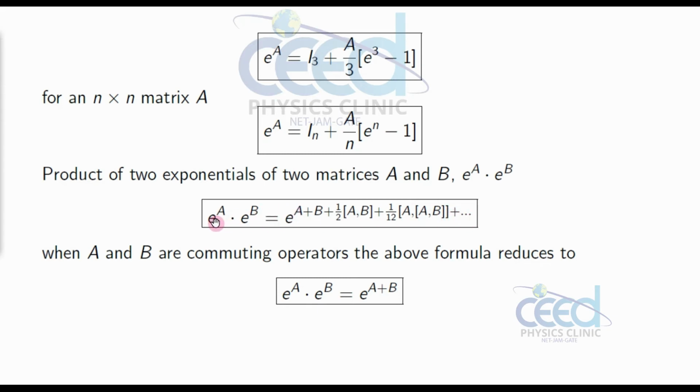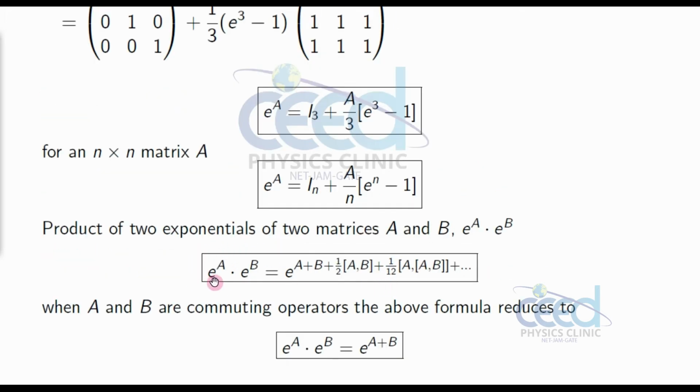This will be e raised to a plus b only when this commutator bracket is 0. That means commuting operators. If a and b are commuting operators, then the commutator ab is equal to 0. So this part will be 0, this part will be 0, then e raised to a into e raised to b is e raised to a plus b.